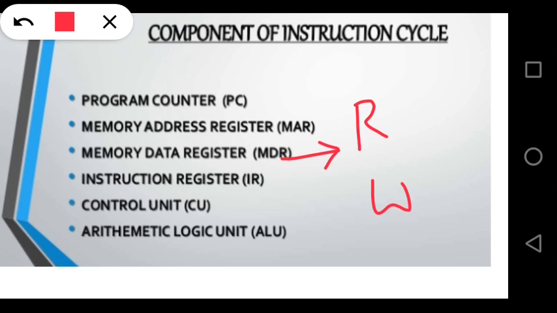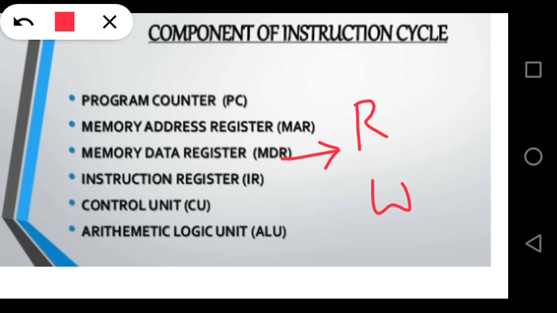Memory address register contains the address, memory data register is empty. They go to memory, see the address of the memory location present in this MAR, and if that memory location contains any data, that will be loaded into MDR, memory data register. It's like a carrier to transfer the data between memory and registers of the CPU.